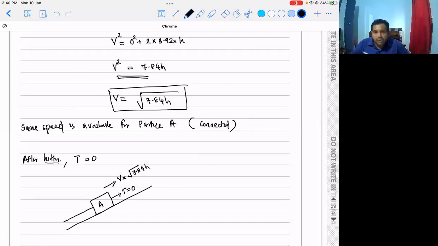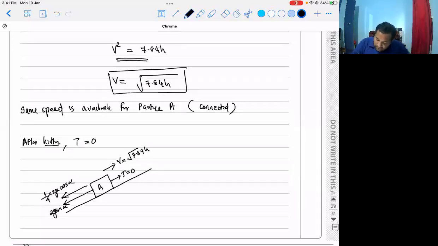Since it is moving up, it has a velocity in the upward direction. Still, two downward forces act. What are they? One is the friction, 1/4 times 2 g cos alpha, I mean mu times 2 g cos alpha. Then the component of the weight, that is 2 g sine alpha. I missed that g part earlier.